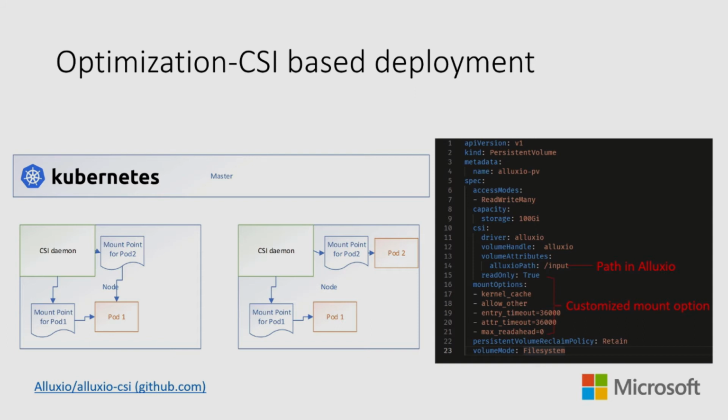So for the reading part, we turn the metadata cache on. We also want to enable the kernel cache. We also want to set the entry timeout to a large number to make sure the entry attribute does not time out.